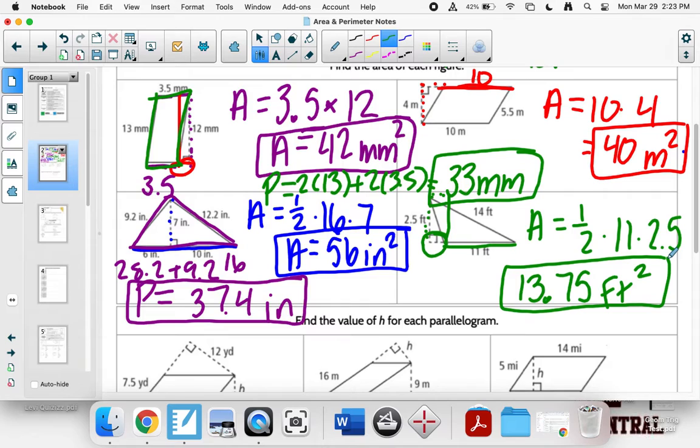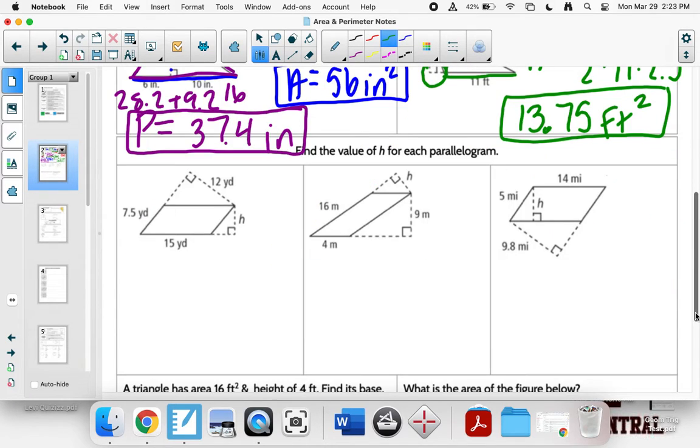Okay, questions so far? We're good? Okay, here's where we ramp it up a step. We have parallelograms, and in this case, we're not finding the area, we're finding the value of h, which is a height.